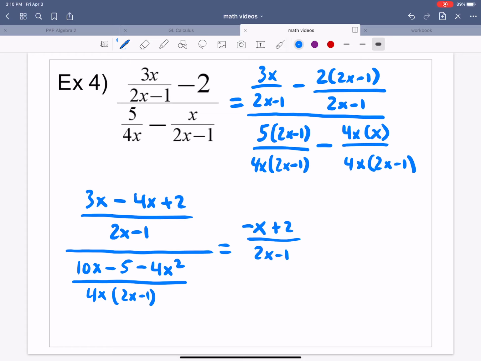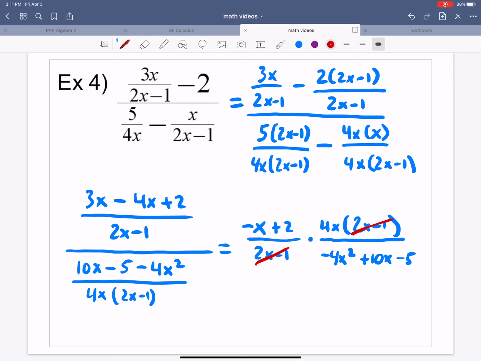And then we're going to multiply that by the reciprocal of the bottom. So the reciprocal of the bottom is 4x times 2x minus 1. Now I actually started to multiply that out, and I stopped myself because I see that I'm going to have a 2x minus 1 that's going to cancel here.